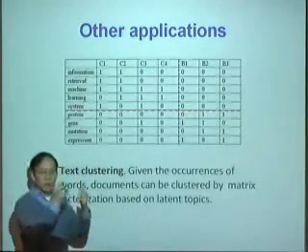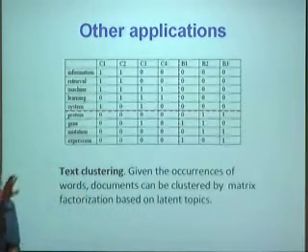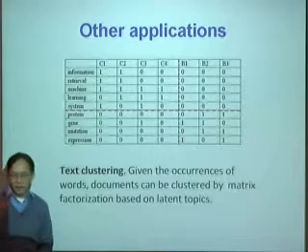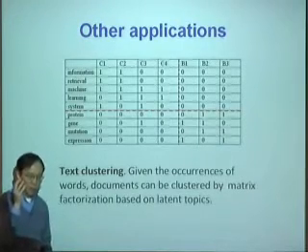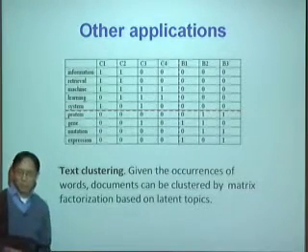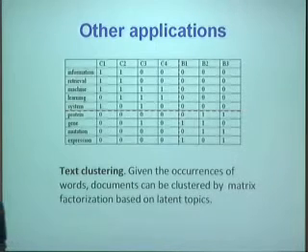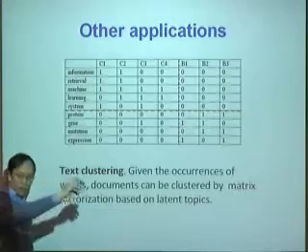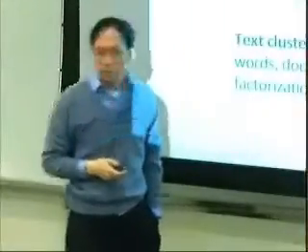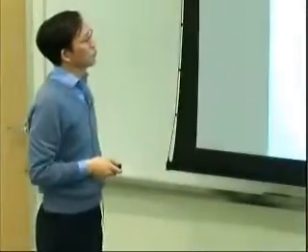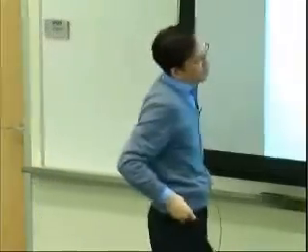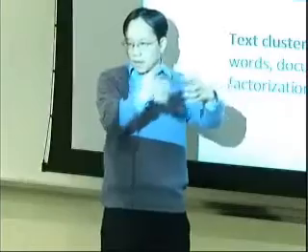Now the issue is, can we identify the latent topics automatically from the data? And give you a good summary of these documents. Okay, a collection of documents. Each document corresponds to a row of the matrix X. Once we have the observation, we can factorize this X into ZA.